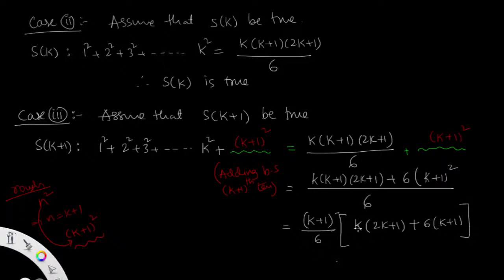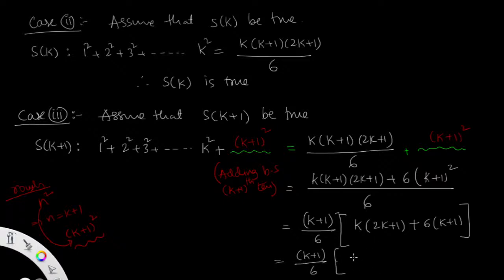Taking the common factor, verify: k into k plus 1 into 2k plus 1 plus 6 times k plus 1. We have taken k plus 1 common, with 6 as the LCM. Then you get k plus 1 by 6.